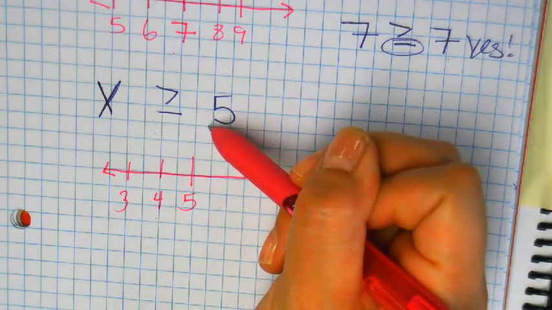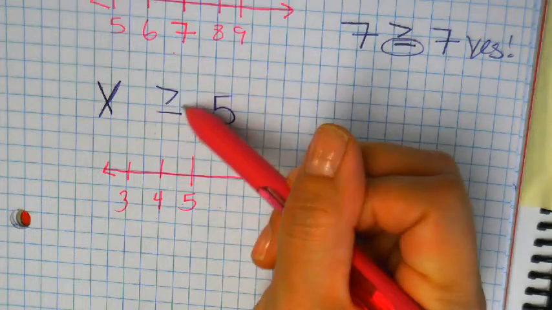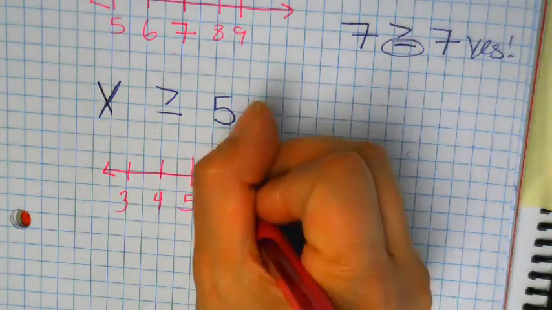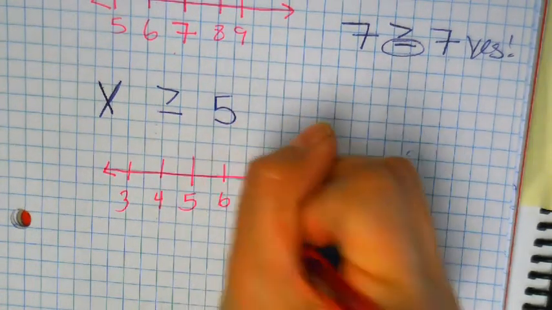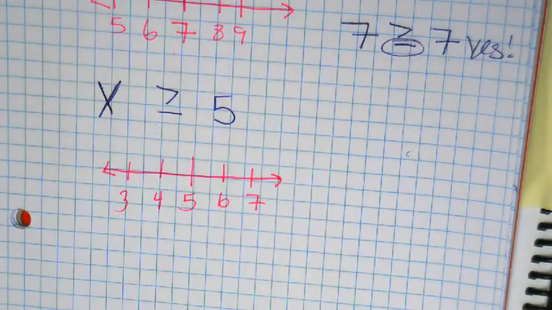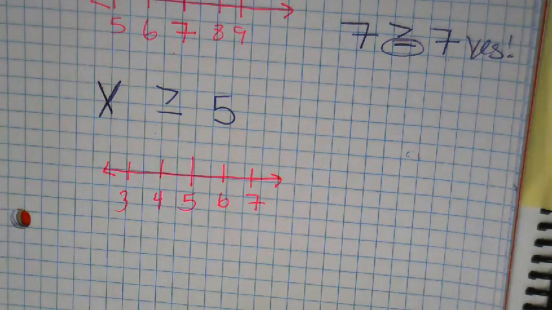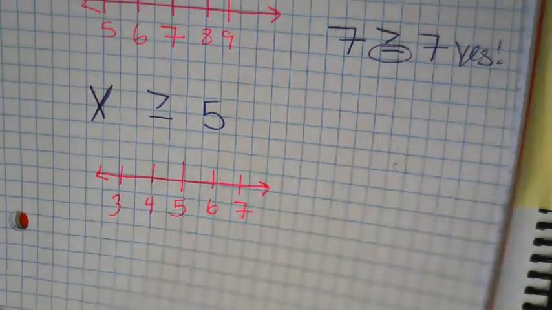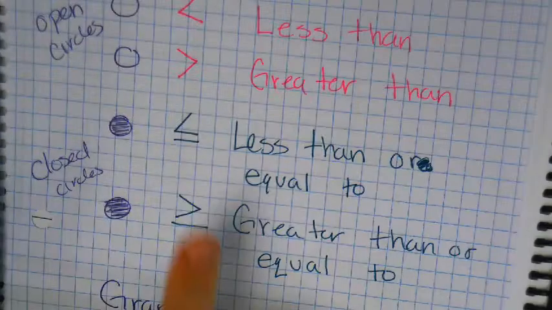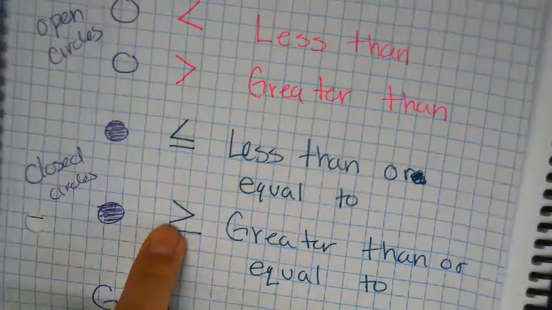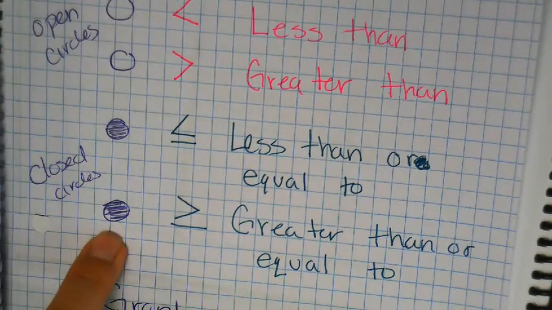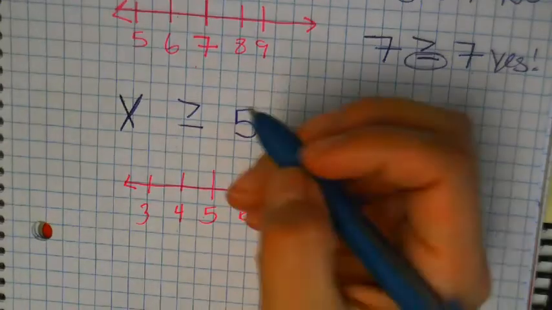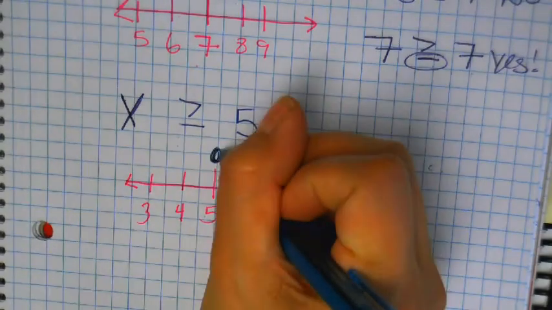The very first thing we wrote in our notebook is how to say these symbols. Open or closed circle? Look at your chart. Closed. You literally look for this symbol in what we first wrote down. Oh, there it is. What kind of symbol is that? Oh, greater than. Close it up.